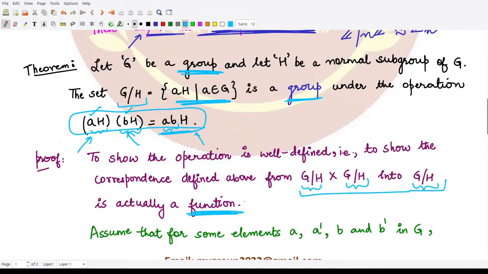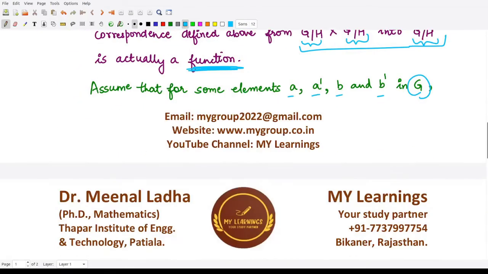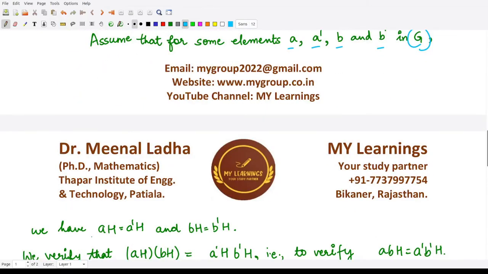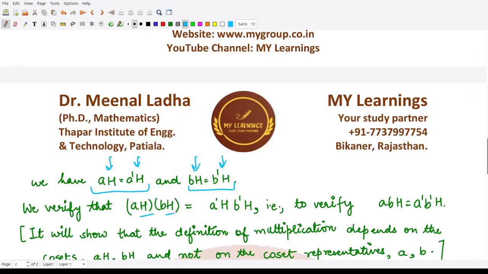For that, we need to prove that if we take some elements a, b and a', b' from the group G, and we have aH equal to a'H, and bH equal to b'H, so that means we have two cosets equal to each other for a, and for b also two cosets equal to each other, then we need to verify that the product is also equal.